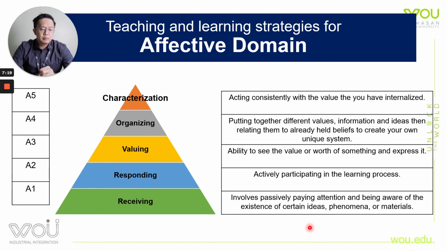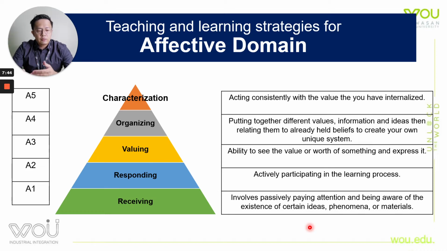Yeah. So first we have to go through the affective domain. The affective domain consists of 5 levels, from A1 until A5. A1 basically is receiving. Receiving involves passively paying attention and being aware of the existence of certain ideas, phenomena and material. Then A2 is responding, whether they are actively participating in the learning process.